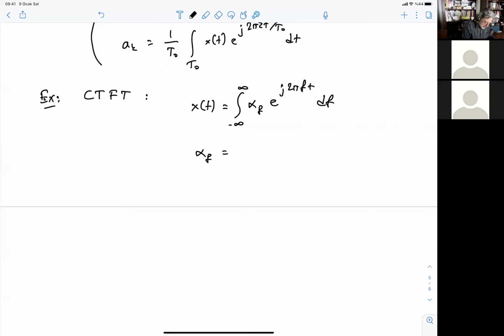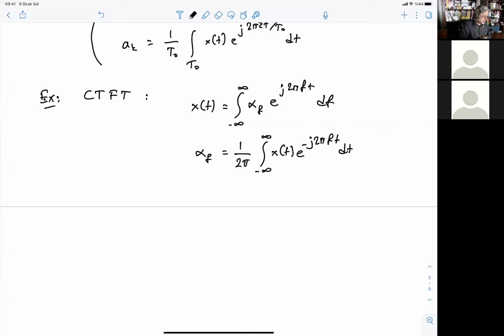So the answer to the inverse operation is within a scale of 1 over 2 pi, the inner product of x(t) and the conjugate of the previous bases, e to the minus j 2 pi f t dt. We already know that these two equations are the Fourier transform and inverse Fourier transform definitions. The Fourier transform is the second one. The first one is the representation of the time signal, which corresponds to the inverse Fourier transform.